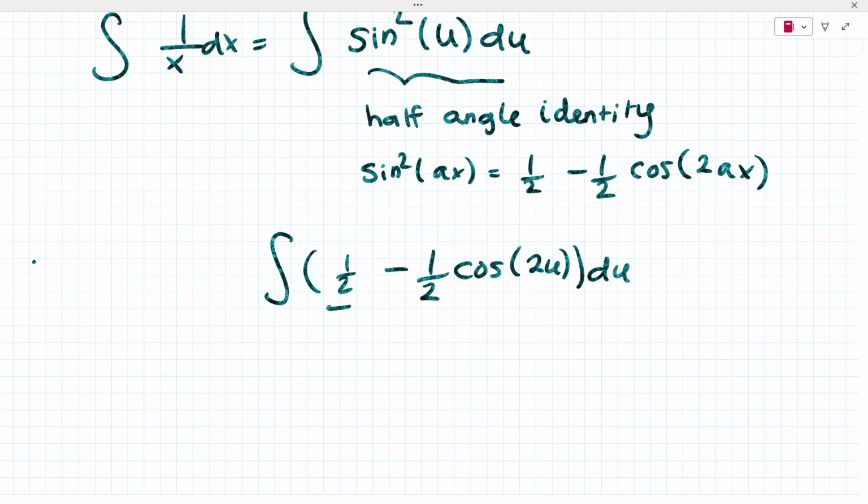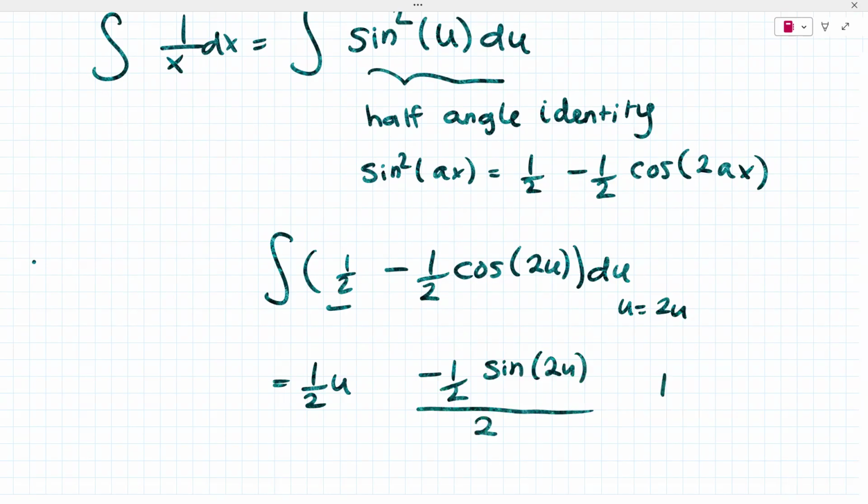So what is the integration of 1/2? That is 1/2 u. What is the integration of negative 1/2 cosine of 2u? You would do u substitution, right? Your u would be 2u, and it would be simplified as negative 1/2 of sine of 2u all over 2, and then plus c on the right.